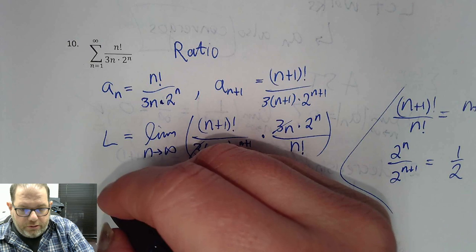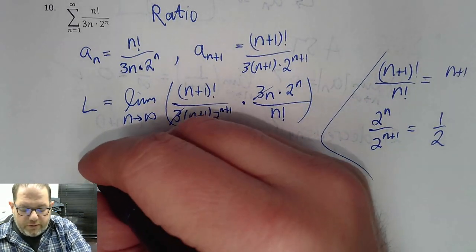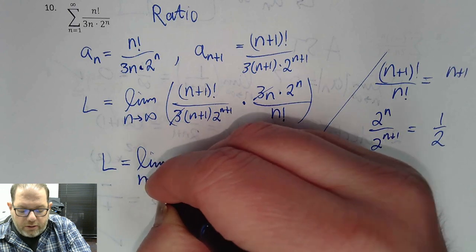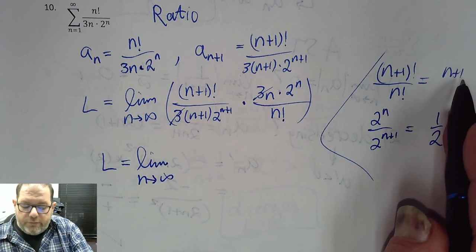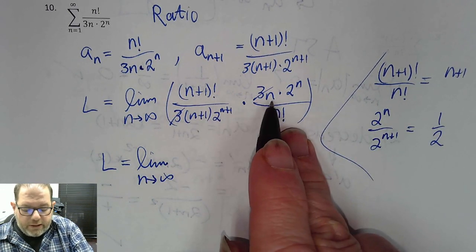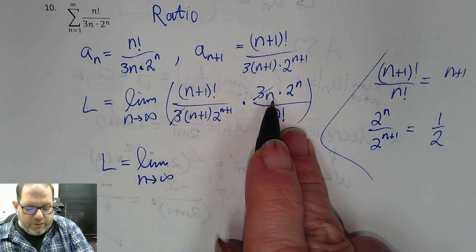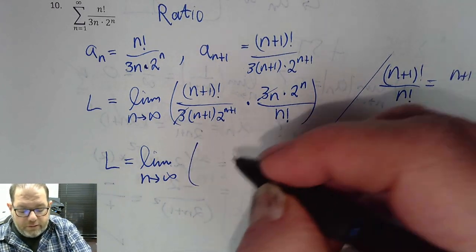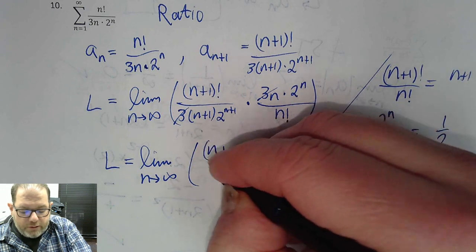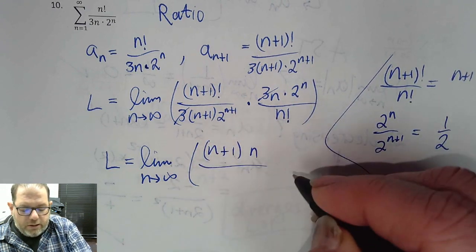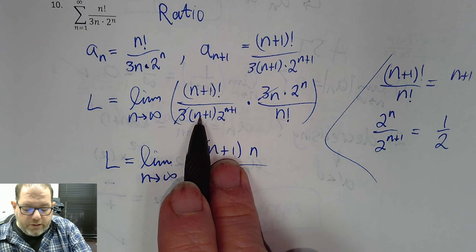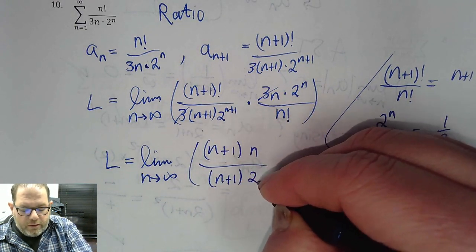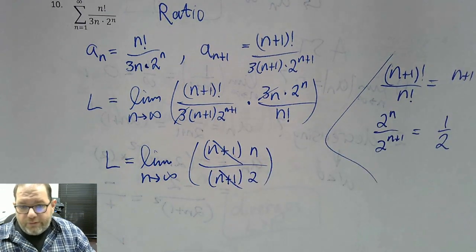Now, looking at what we still have in our limit, on the numerator we still have an n plus 1 and that n. The 2 to the n is now gone because of that simplifying. So we have n plus 1 and n on top, and on the bottom an n plus 1 and a 2. So the n plus 1's still cancel out.